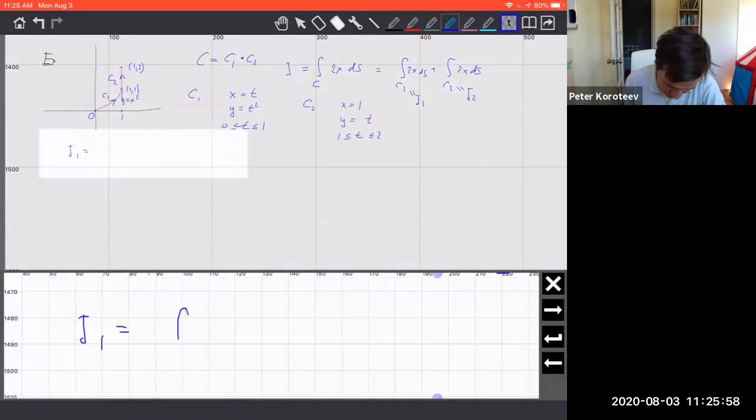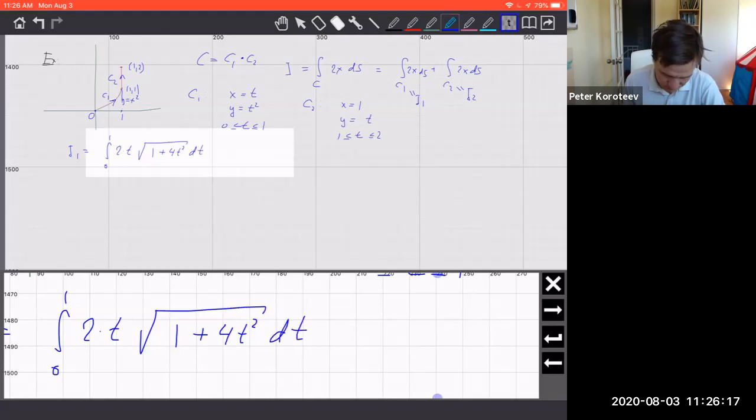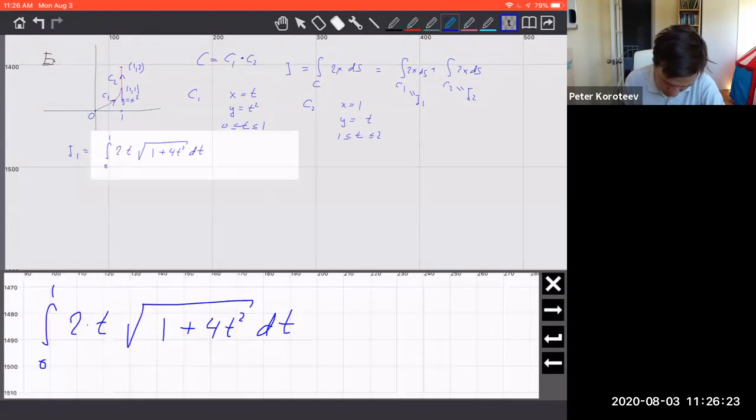So I1 will be the integral from 0 to 1 of 2t times the square root of the derivative of x squared, which is 1, plus the derivative of y squared, which is 4t squared, dt. So we call this u.